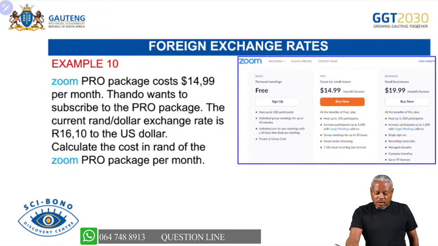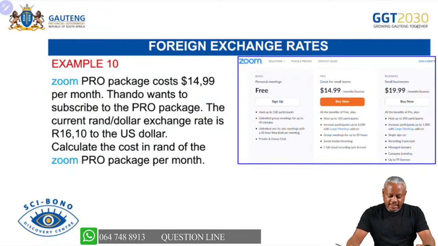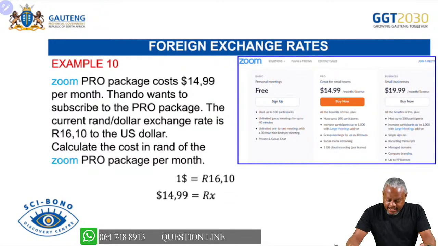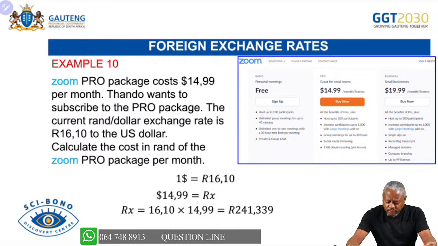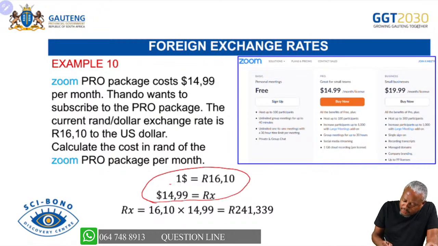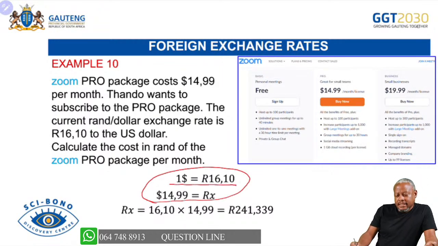You cannot spend more time on this one, ladies and gents. That's how I'll summarize it. Here, you usually identify what is given: $1 is equivalent to 16 Rand 10 cents. If you've got 14.99 US dollars, how many rand is X?